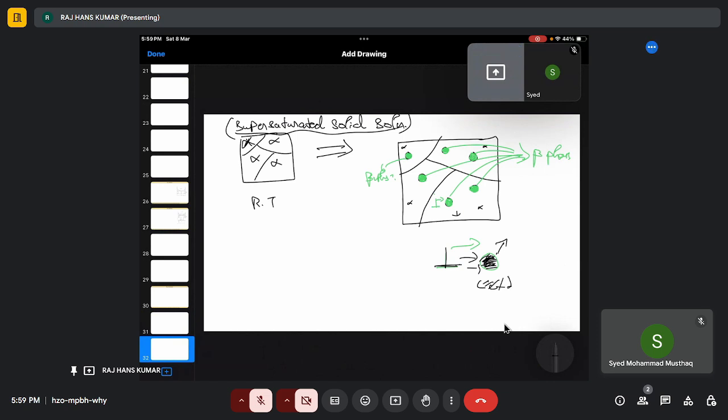Just like I have said before, when we discussed interfaces, the precipitates have their own crystal structure, right? If they have different parameters when compared to the alpha phase, then there will be strain. There is a strain factor that is accommodated here.